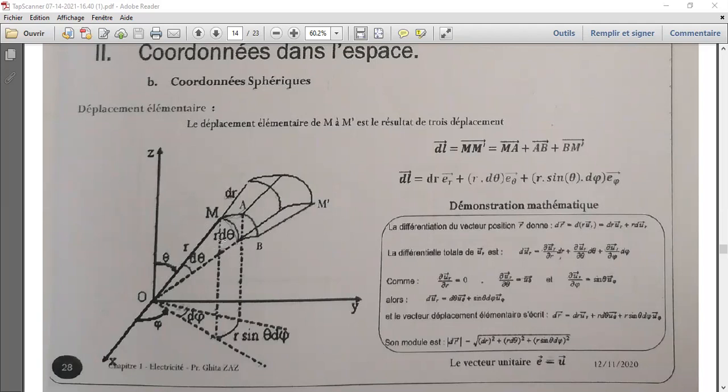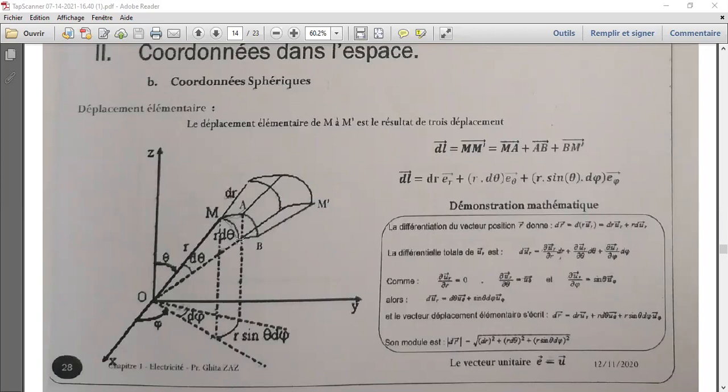What changes is theta, which is d theta. Then from there you move like you are moving around, like you are making an arc.